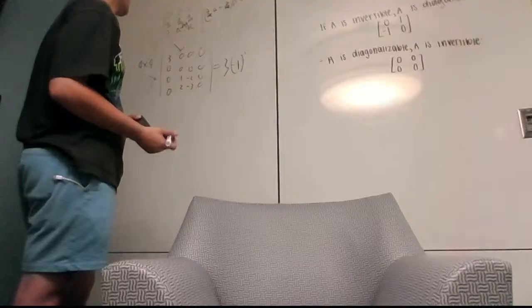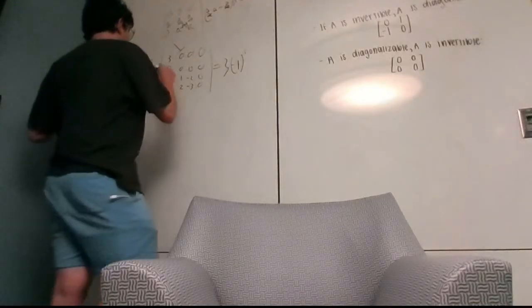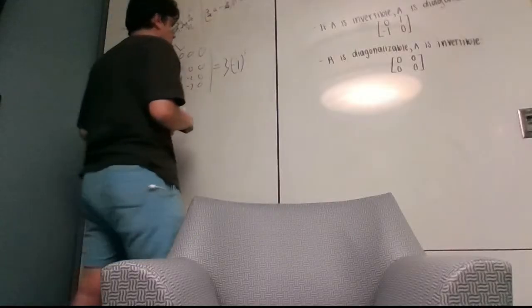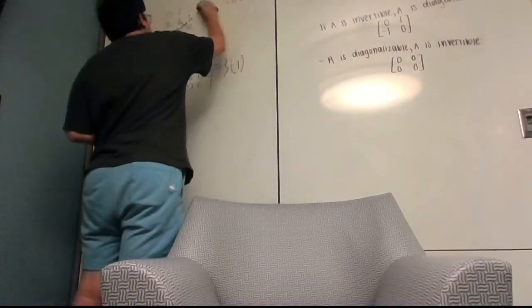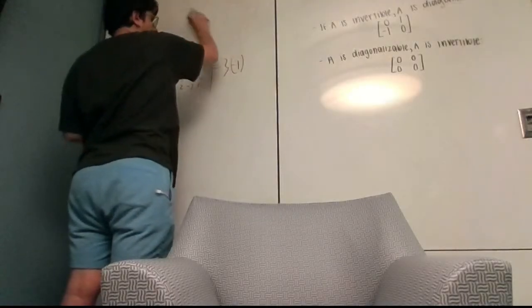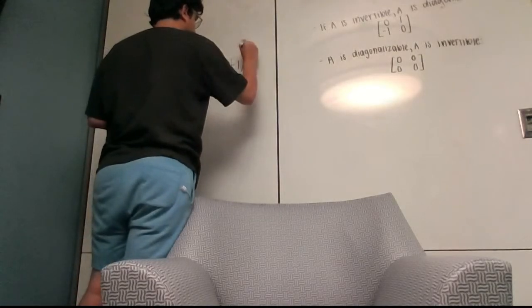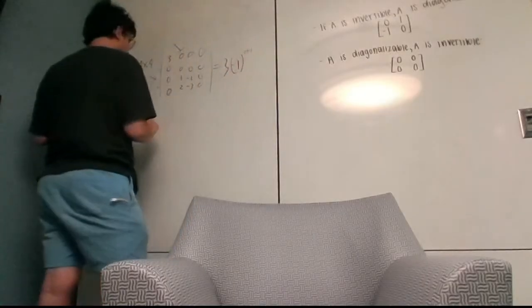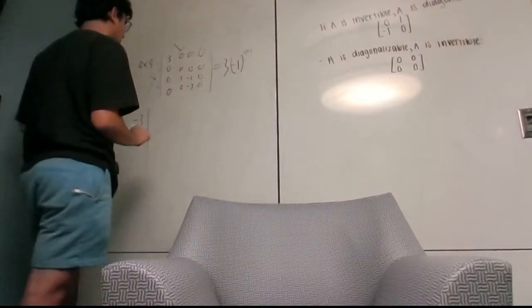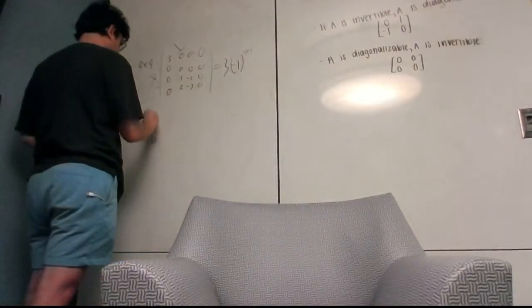It alternates when taking determinants: negative, positive, negative, positive. Actually, I don't know. I'm going to assume it becomes the following, and I'll check my work after.